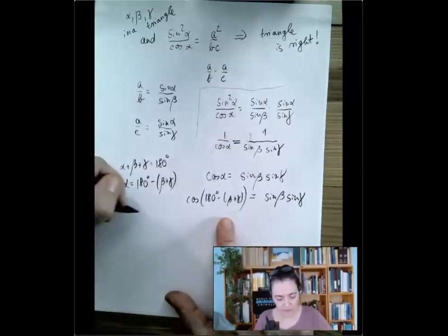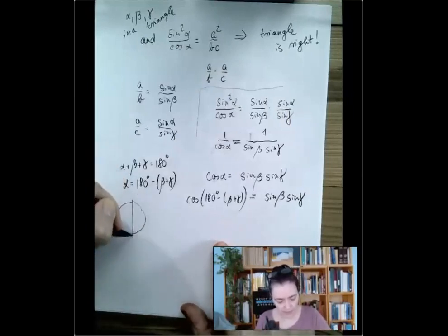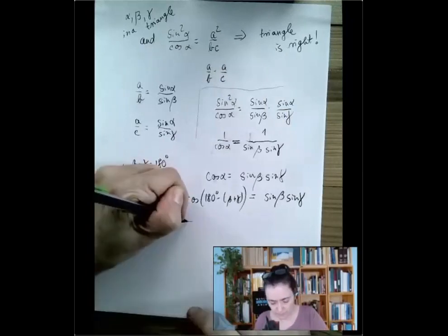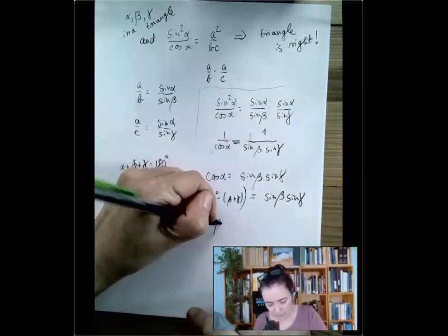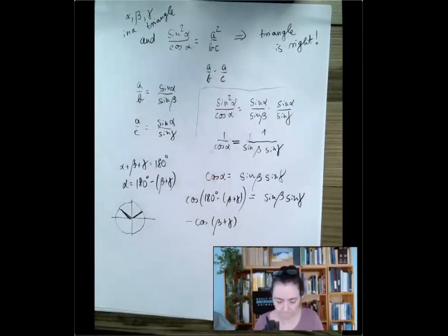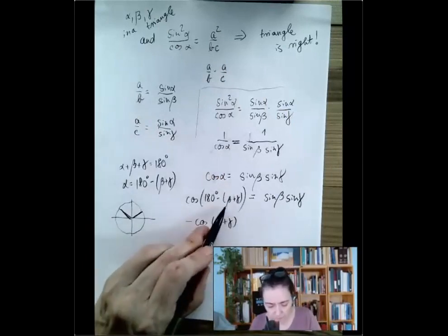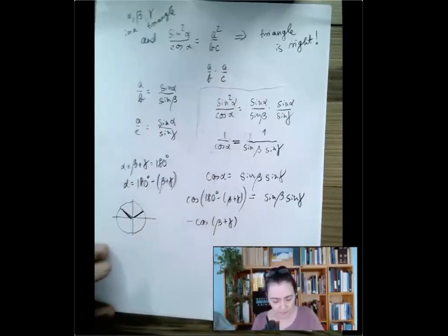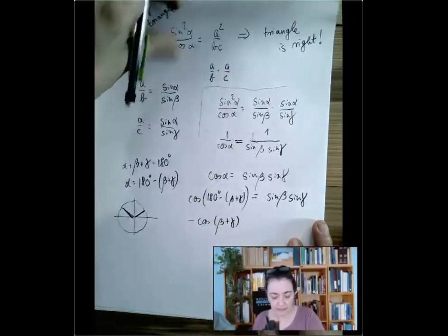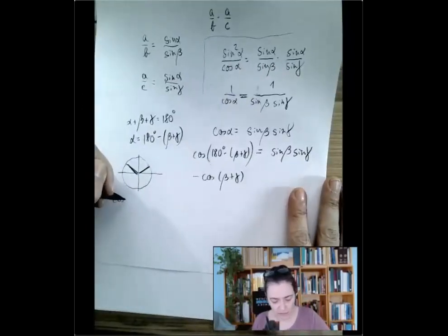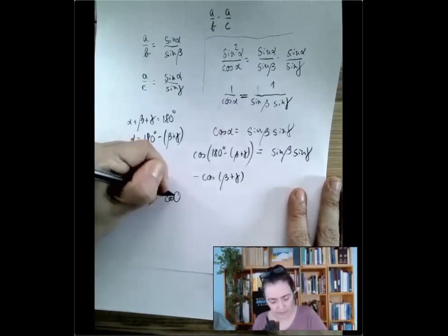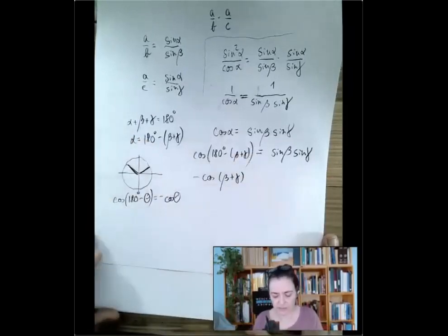Recall that if two angles are supplementary, then their cosines are opposites of each other. So this equals minus cosine of beta plus gamma. Just think of beta plus gamma as theta. Cosine of 180 degrees minus theta is minus cosine of theta, and theta is just beta plus gamma.